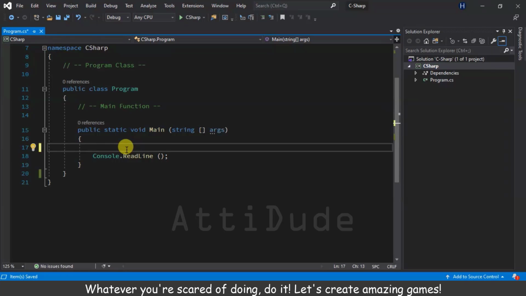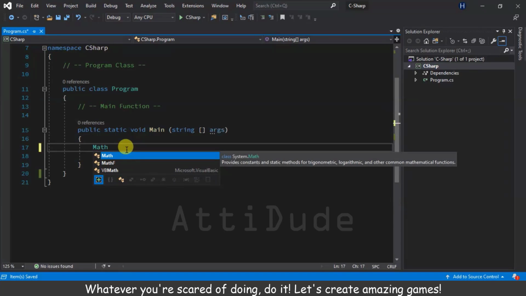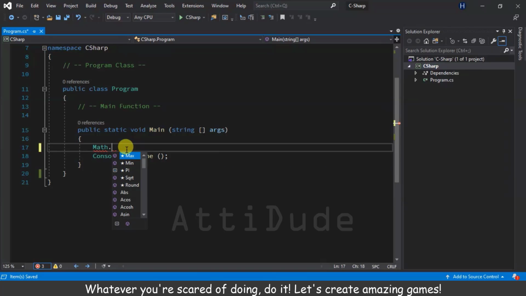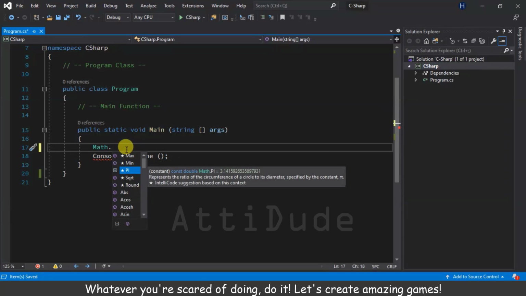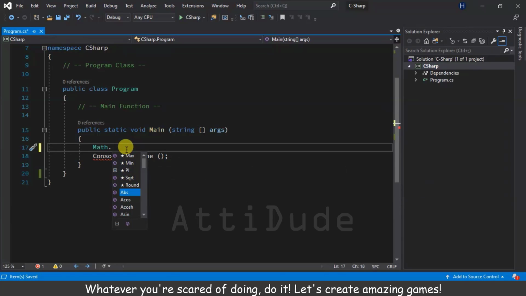Now there are a lot of different functions that Math in C#, provided by the .NET SDK, gives to us, like Math dot, and you have Min, Max, PI, Sqrt, Round, Abs, Acos, Acosh, Asin, Asinh, Atan, Atan2, Atanh, a lot of different functions.